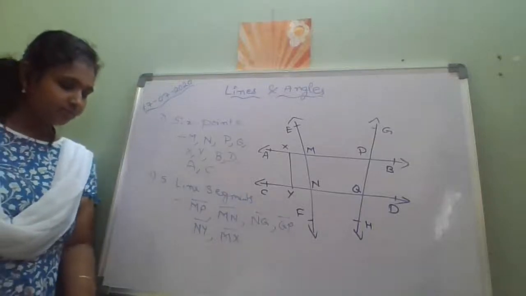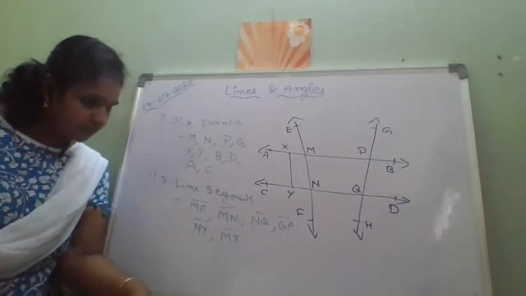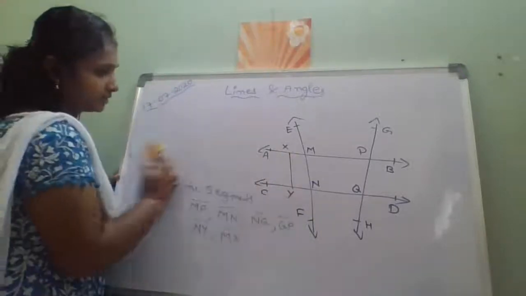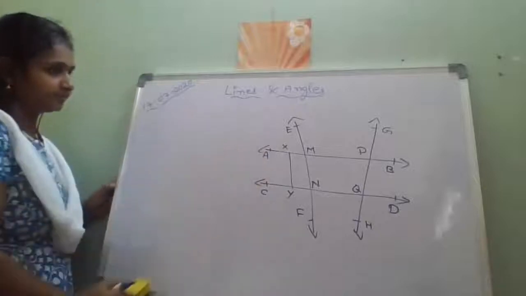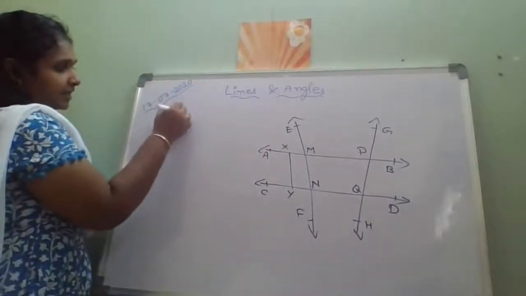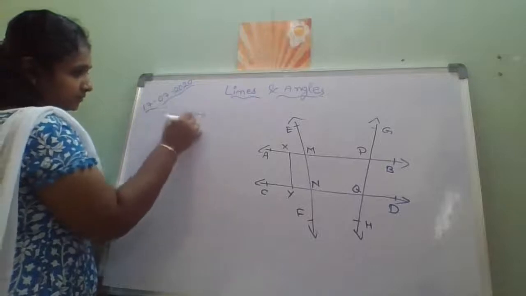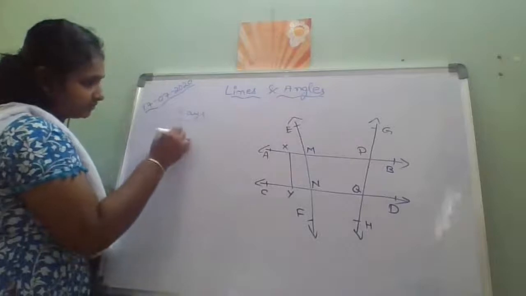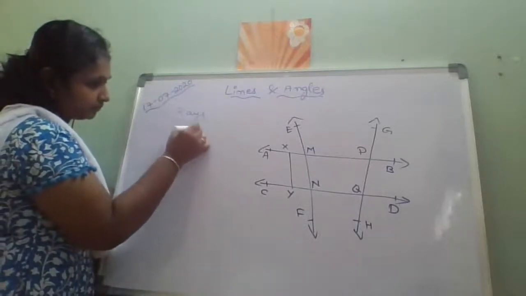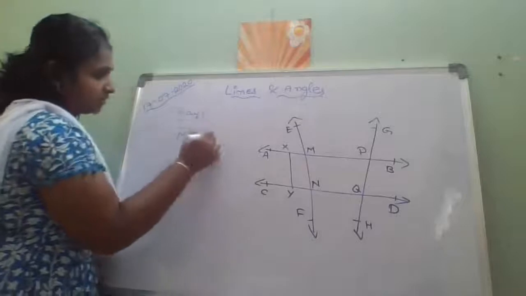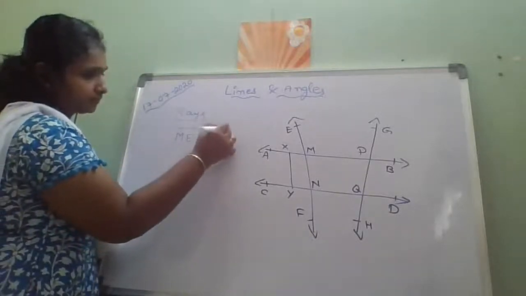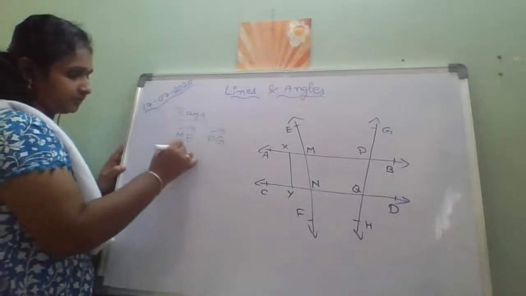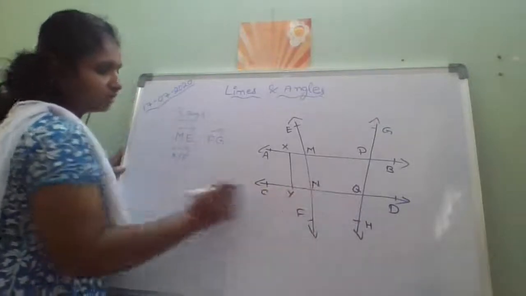Okay. Next tell me any 4 rays. Any 4 rays. ME, PG, NF, QH.